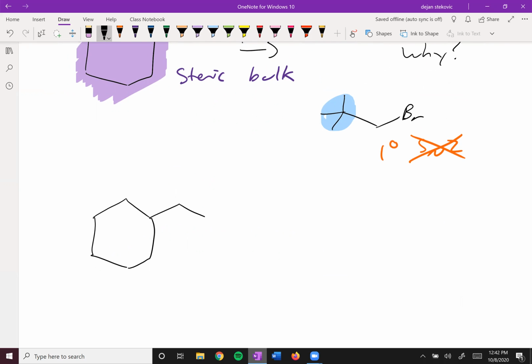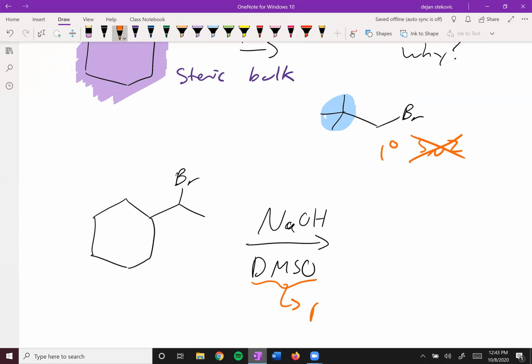Another way would be to give you some more information. So let's say that we now do this in a solvent of DMSO. DMSO is going to be polar aprotic, and so this will prefer an SN2 pathway. And so then we would say that this is the major product.